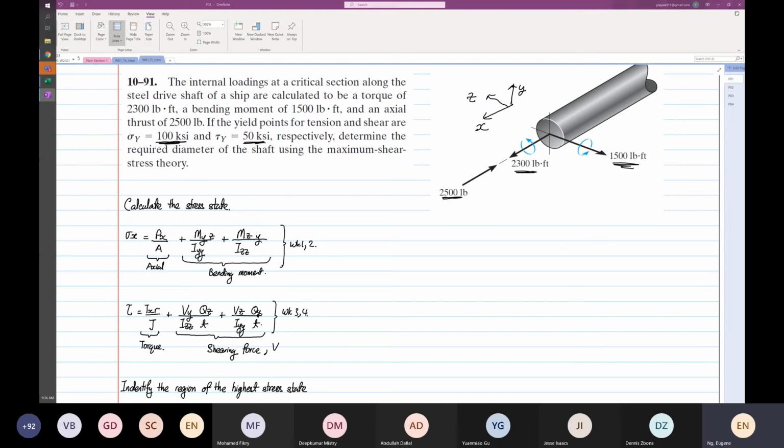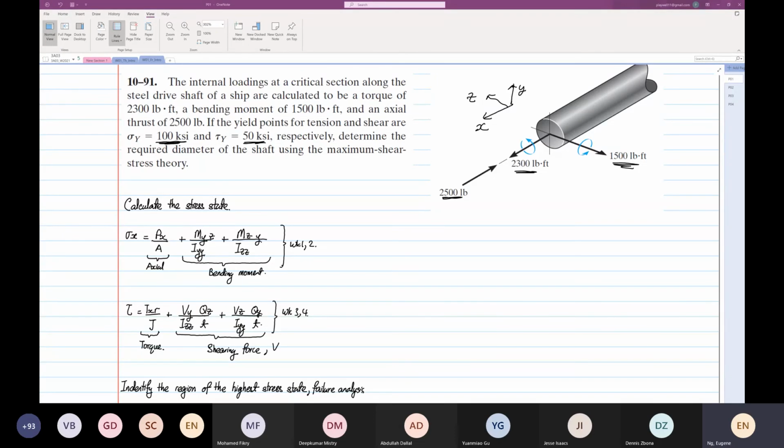So we are going to go into failure analysis to determine in which region of the cross section you anticipate the stresses to be the highest.